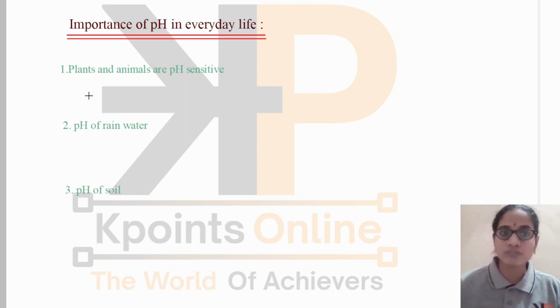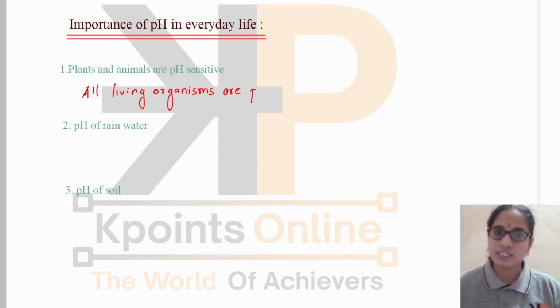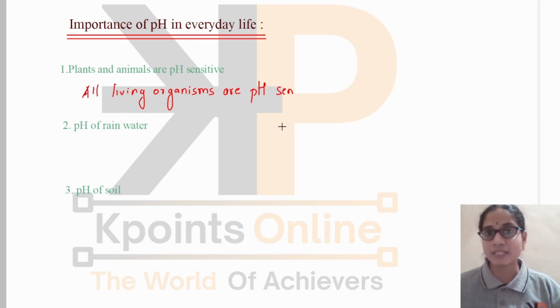First of all, we need to understand that all living organisms are pH sensitive. It means the metabolic activities taking place in our body will be carried out in a specific narrow range of pH. Not only human beings, all living organisms including plants and animals are pH sensitive.